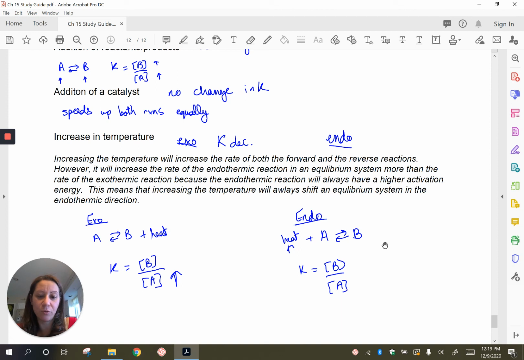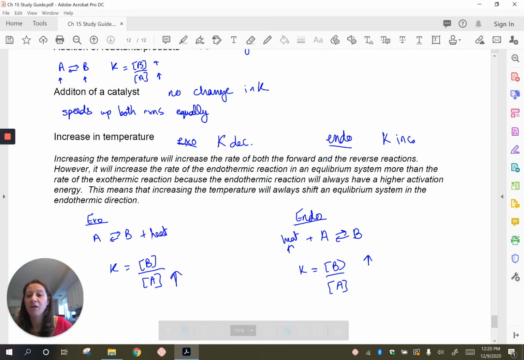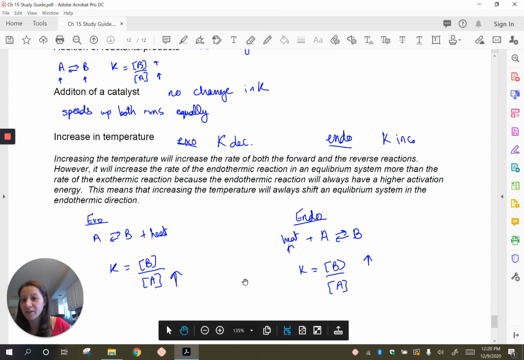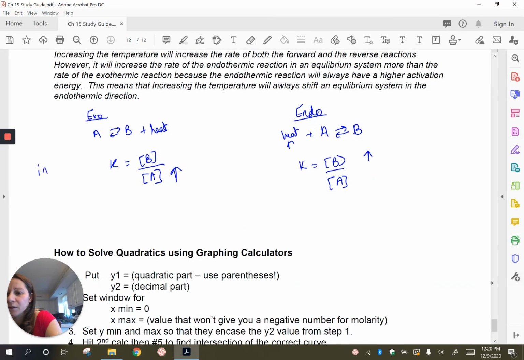And so it's going to shift to the right to make more B. Did I also increase A? No, I did not. In fact, I used up some A to make B, right? And so in this situation, my K value increases. If you are cooling it down, obviously it's going to be the opposite. So this is increase in temperature.